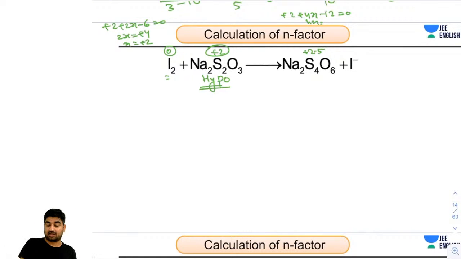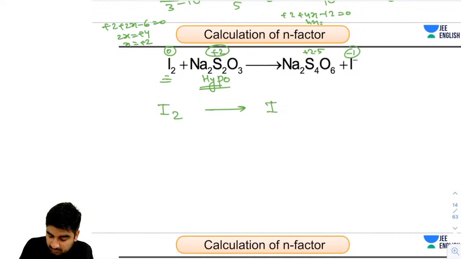Sulfur and iodine is moving from 0 to -1. So guys, tell me how you are going to solve it. Again, take the simple one first. Iodine is going into I minus. So just balance it. So 0 to -1.